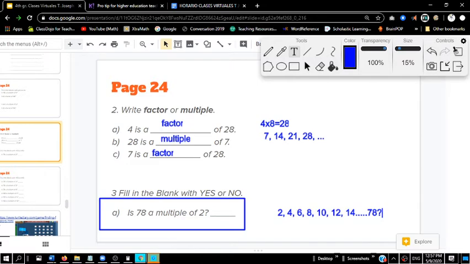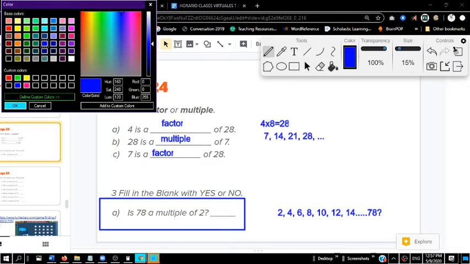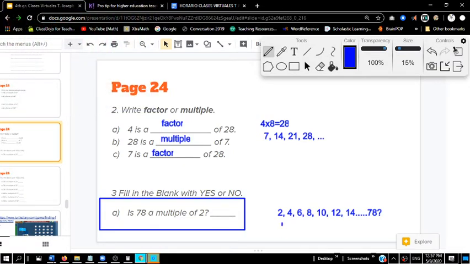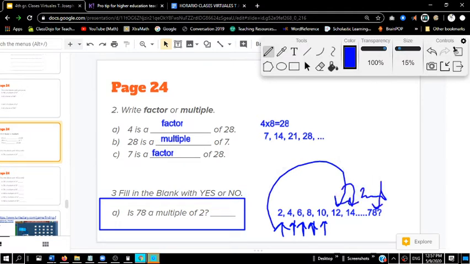Yeah, we will. And we know that because it ends in an 8. These are all even numbers, 2, 4, 6, 8, and then we have that 0, and then it starts over again, 2, 4, 6, and then eventually it's going to get to 8 at the end. So yes, 78 is a multiple of 2.